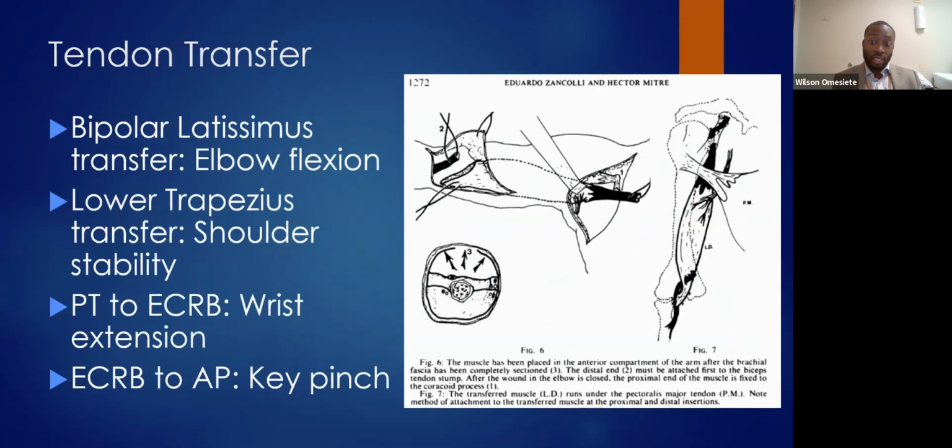The classic Steindler procedure, about 100 years old at this point, can be used to just resite the flexor pronator mass more proximally on the humerus.